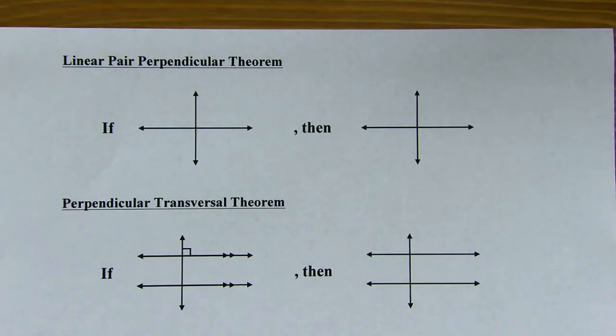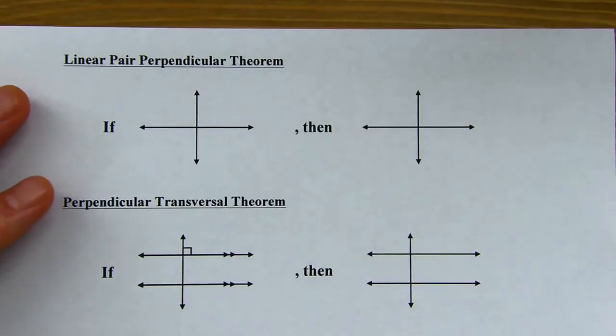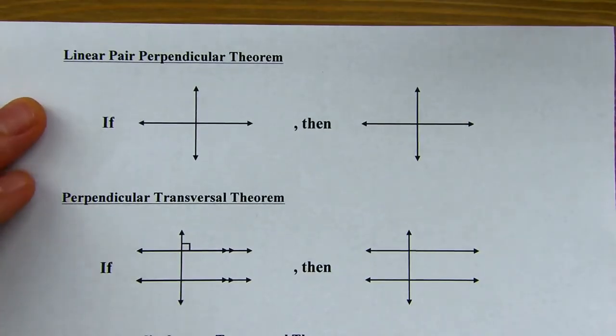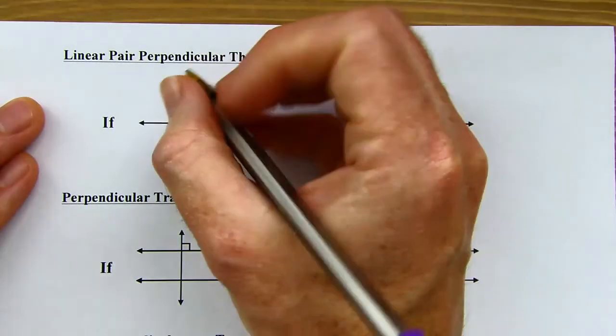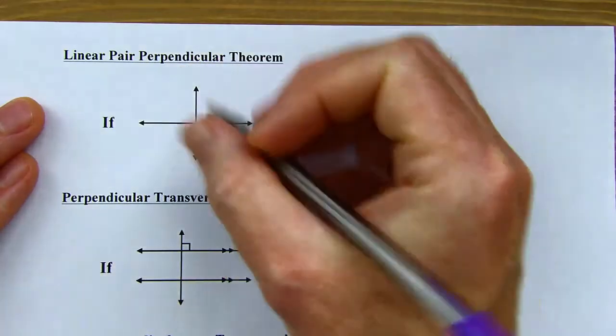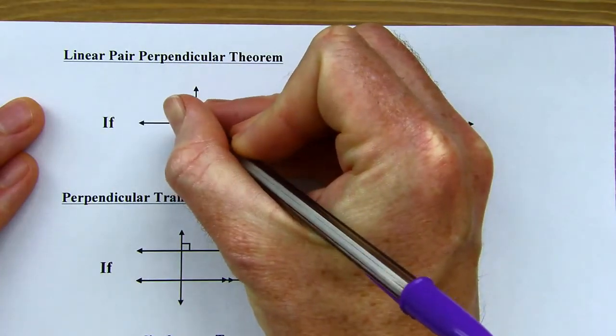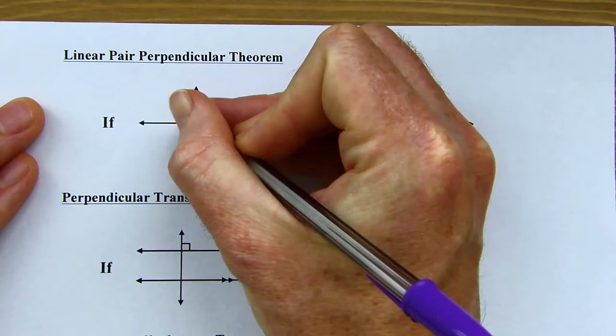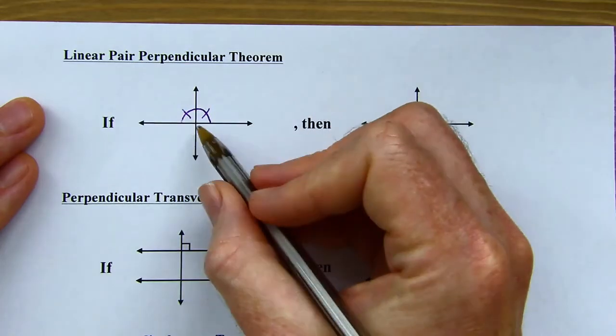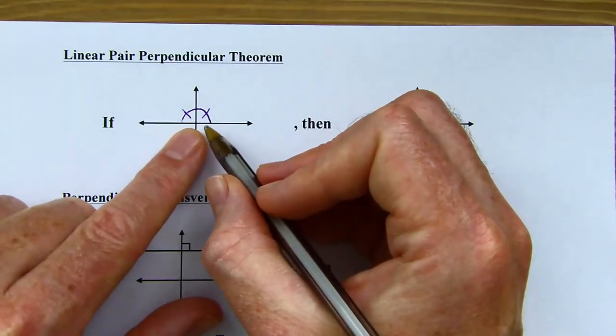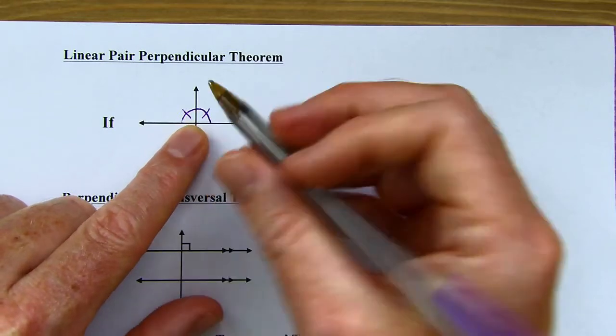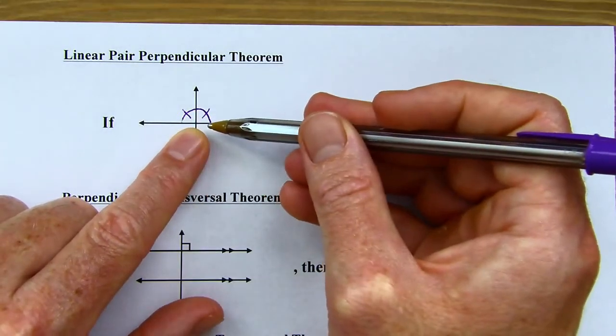All right, so we've got a couple of theorems here. The first one is called the linear pair perpendicular theorem. Okay, so I've got a little if-then statement here. So this says if we've got two lines that intersect like that, and two of the adjacent angles are congruent. So if those two are both congruent, well, let's think about this. If they're together, they would have to form 180 degrees, right?